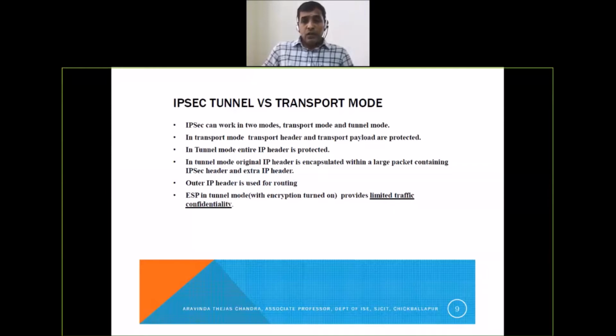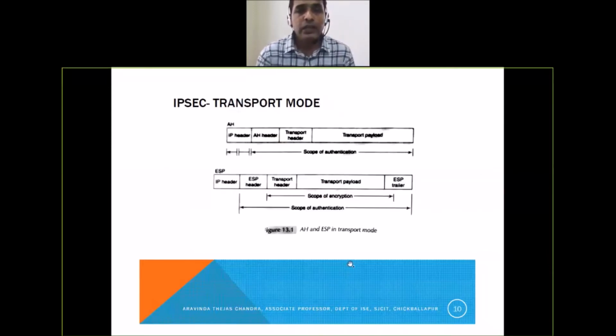Of course it will reveal which is the sending network and which is the receiving network, but which is the sending host and which is the receiving host is not revealed. That's why it is known as limited traffic flow confidentiality. The coming slide will make that clear.